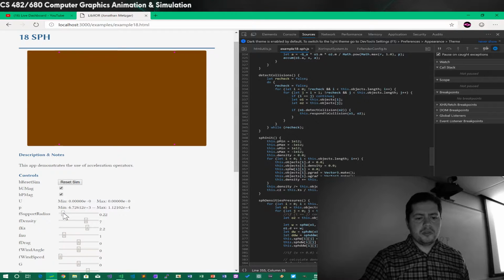Okay, I think I know what's going on here. If you set the support radius super tiny, all the way out at 3 so normal numbers.